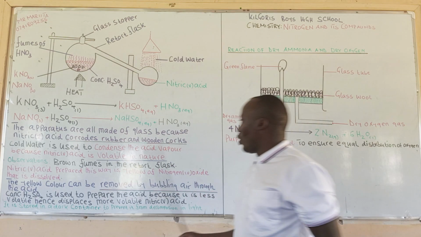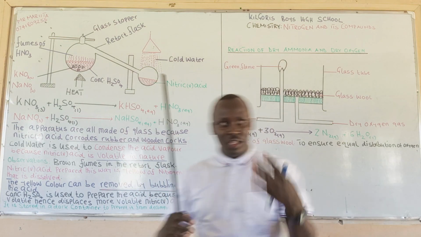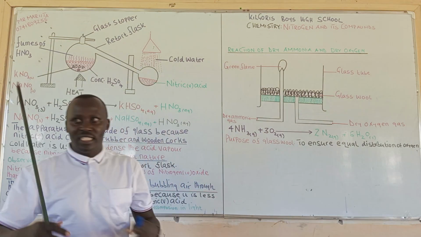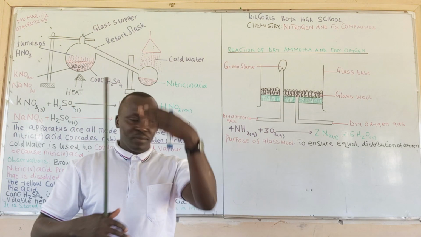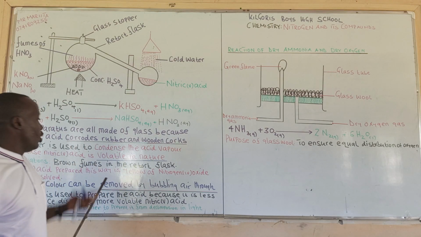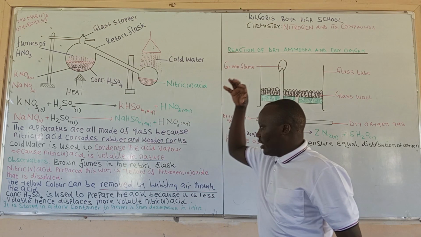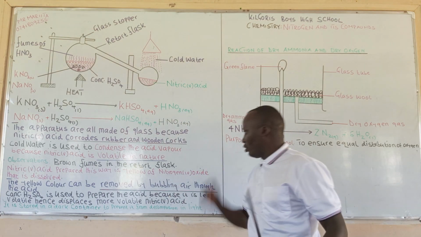The reason is that nitric acid is volatile in nature. Volatile means that it can evaporate easily at a high temperature. So the cold water is used to condense the nitric acid vapor to liquid.